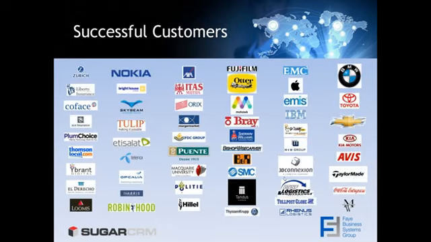These are some of their big customers, and there are some pretty big names here, and most of us are small to mid-sized businesses, so there's a fair representation of us as well. Late last summer, Sugar received $40 million in equity investment from Goldman Sachs, so there is a lot of buzz about Sugar.